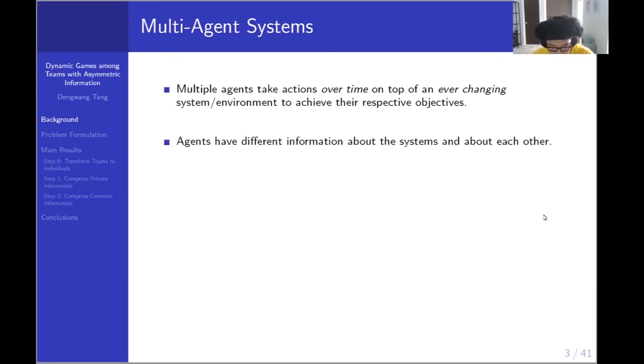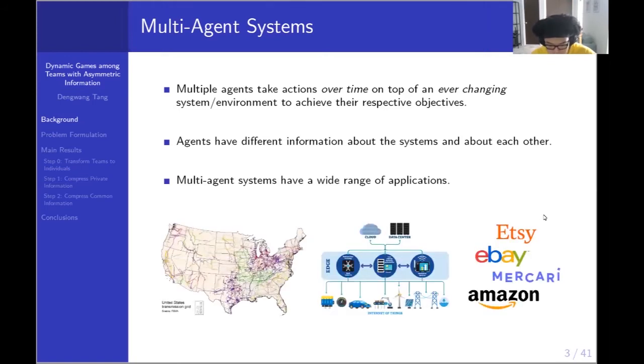And they also have different information for them to make decisions. These systems have a wide range of applications, such as energy systems, edge device computing, and e-commerce platform, just to name a few. For example, in e-commerce platforms, you can think of the sellers are competing with each other, not just in one shot, but over time.